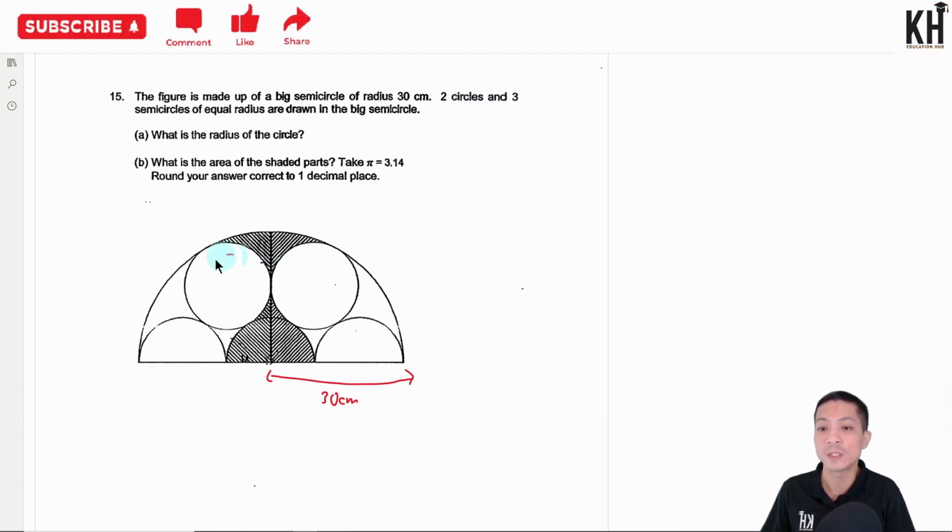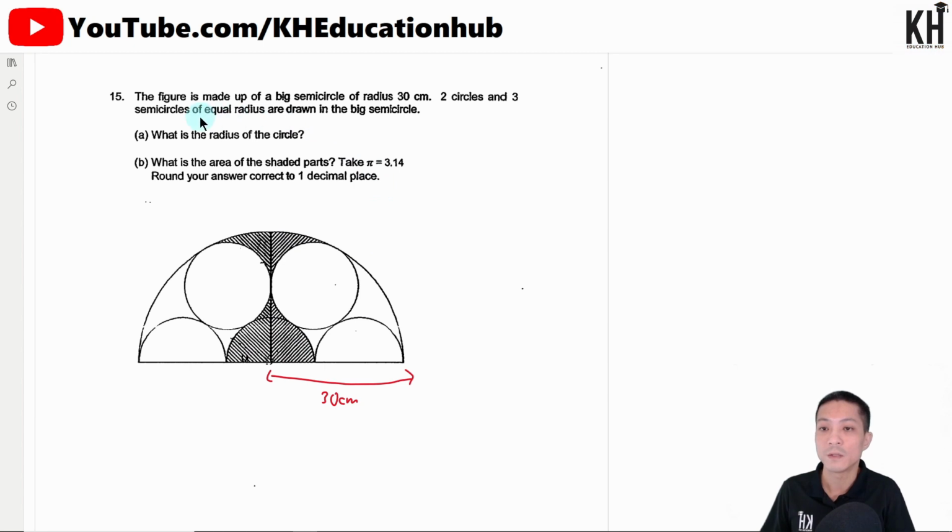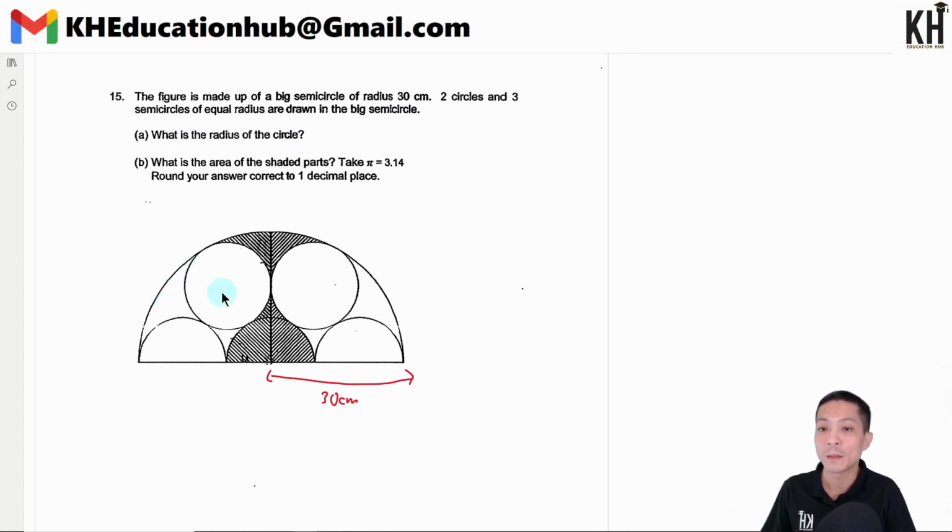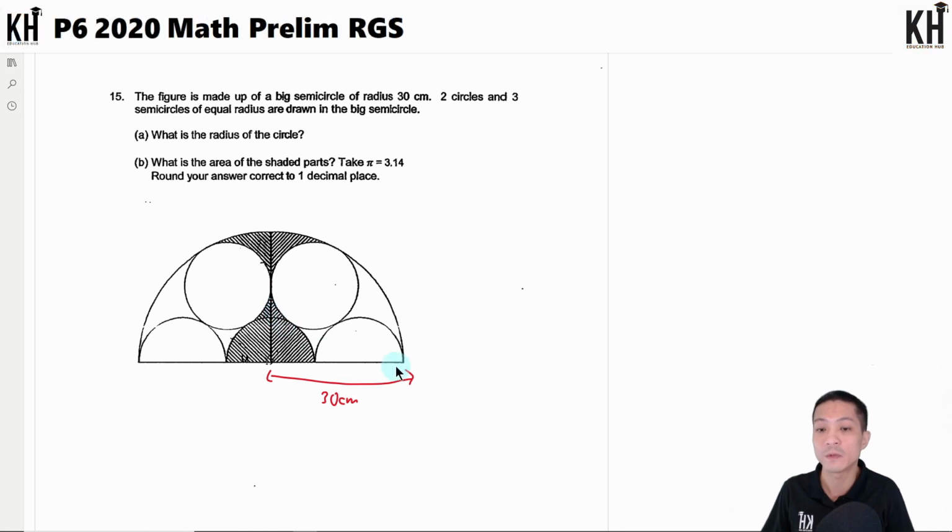So these are the 2 circles, 1, 2, and these are the 3 semicircles, 1, 2, and 3, of equal radius, drawn in a big semicircle. So what is the radius of the circle? The radius of the circle refers to this. The radius, which is also the radius of the semicircle.